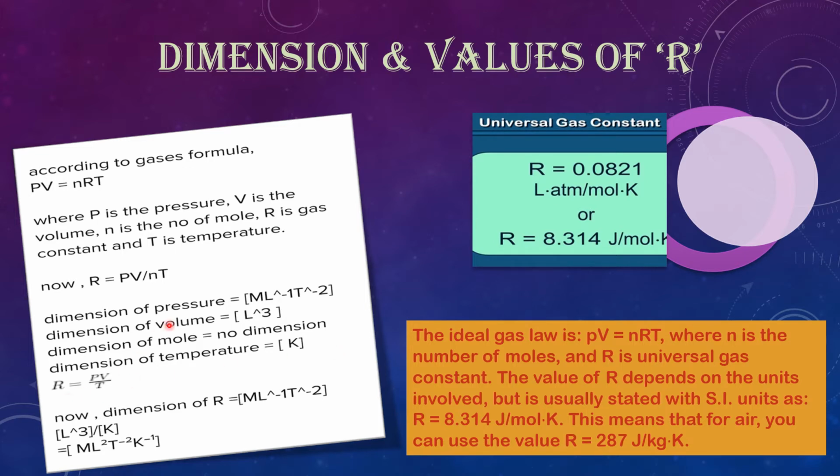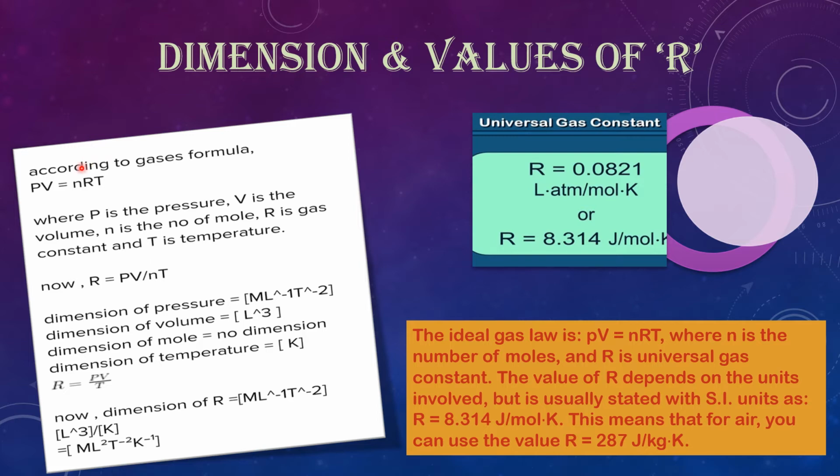Now we are talking about the dimension. According to the gas formula, PV is equal to nRT, where P is the pressure, V is the volume, n is the number of moles, R is the gas constant and T is the temperature.